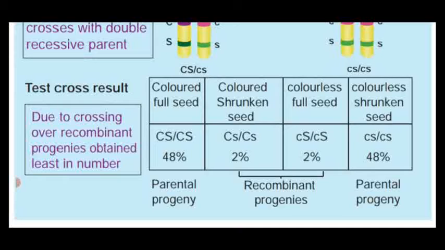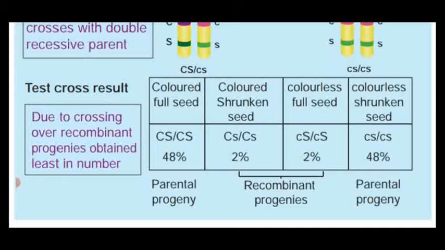Another one is colorless white, but the seed is round full seed, 2%. Next one is colorless shrunken, that is the recessive. So out of 100, 96, that 48% shows one of the parental types, that is dominant. Another 48% shows the recessive parental character.